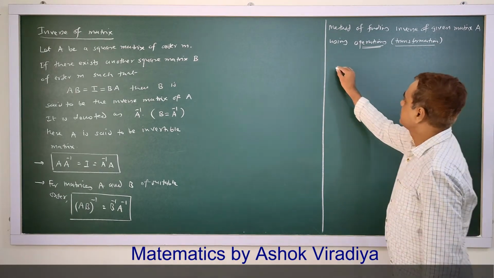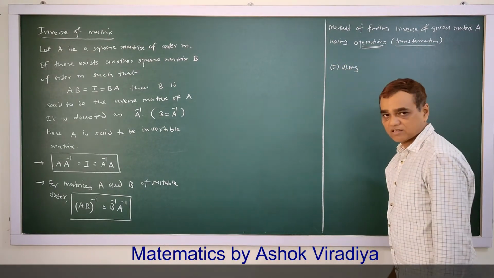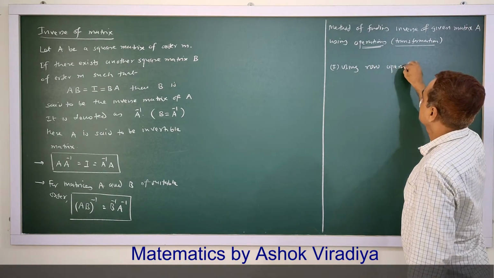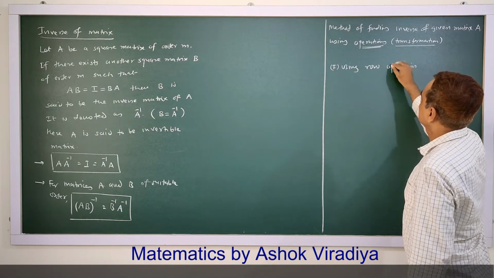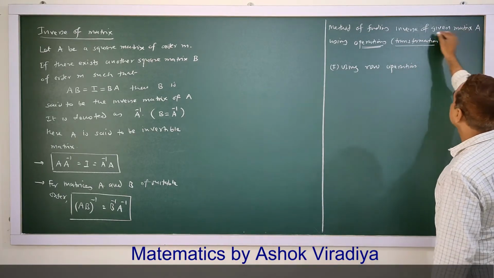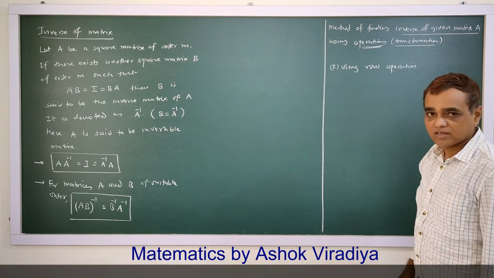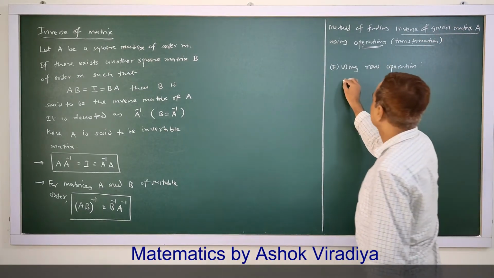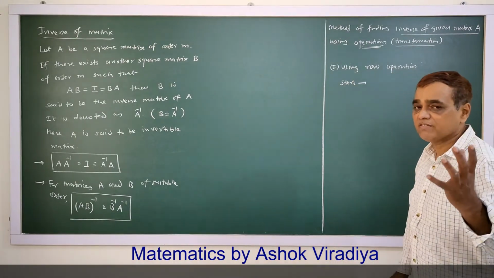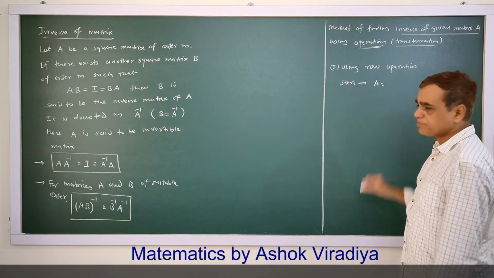If we find inverse of matrix using row operations, if we find inverse of given matrix A, then in this method we will start by this step.